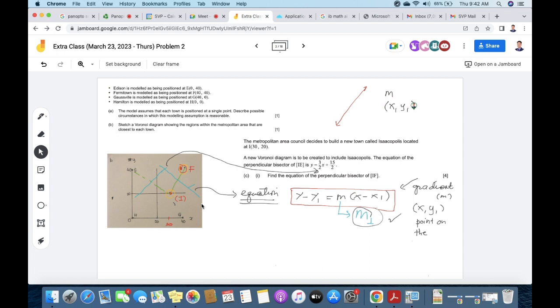If I have both pieces of information, it could be any point. It could be this point, this point, or any of these four points. If I know the coordinates of any of those points plus the slope of the line, then I can use this to find its equation. Do you follow?